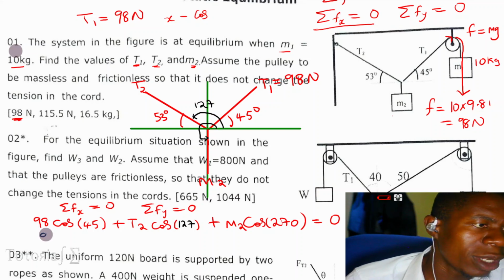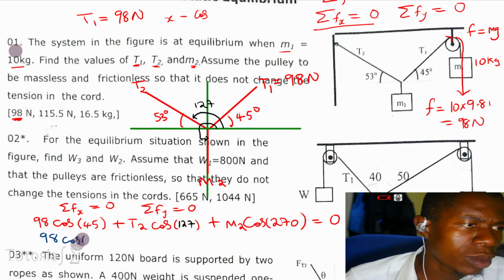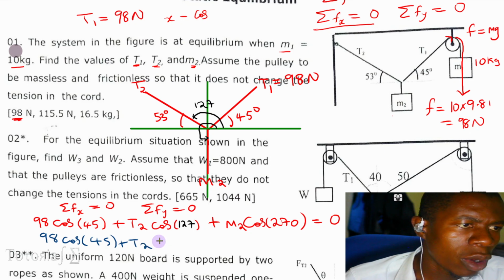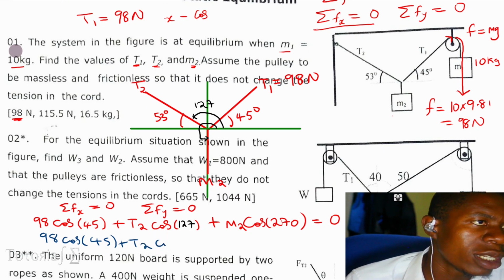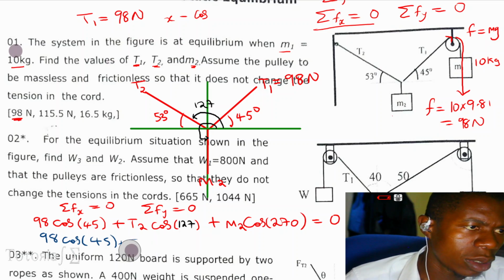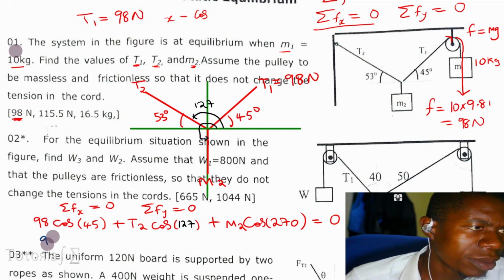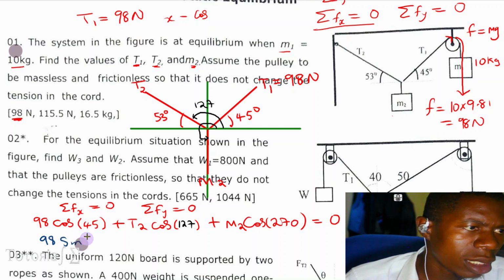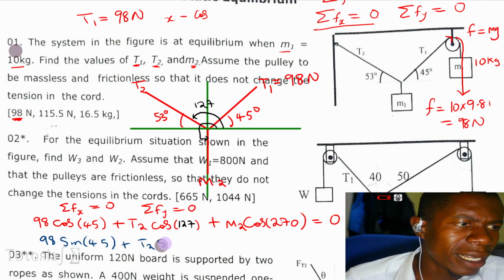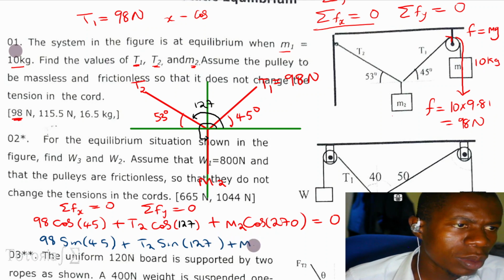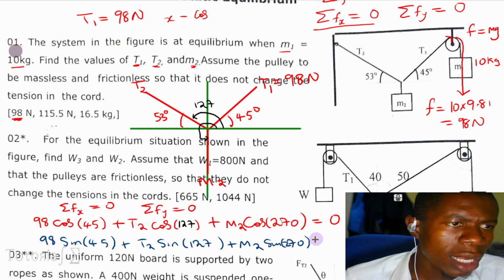So for the y, we have 98 sine 45 plus t2 sine 127 plus m2 sine 270 is equal to 0.